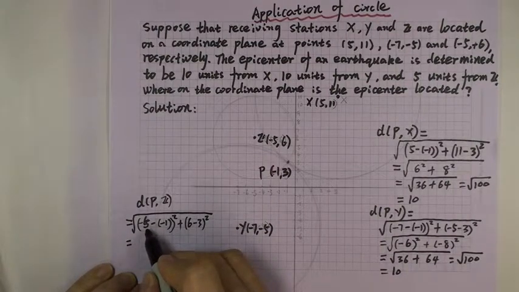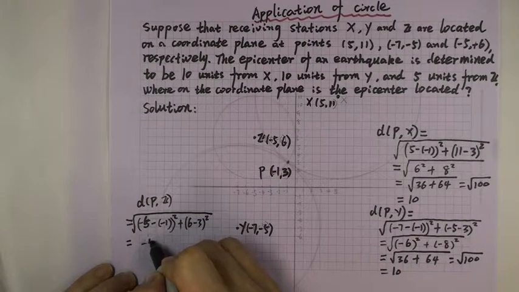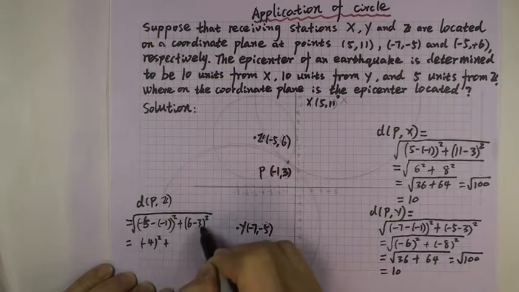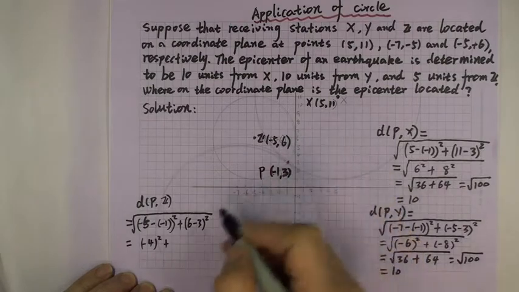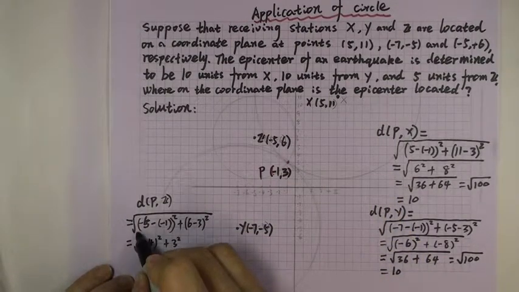Okay, -5 minus negative 1, so it's -5 plus 1, which gives us -4, squared. 6 minus 3, 3 squared. Choose the square root.